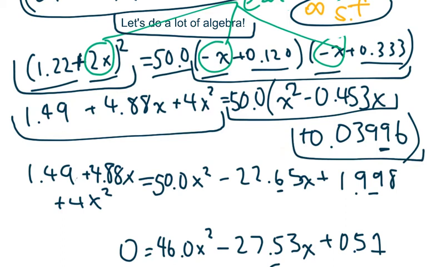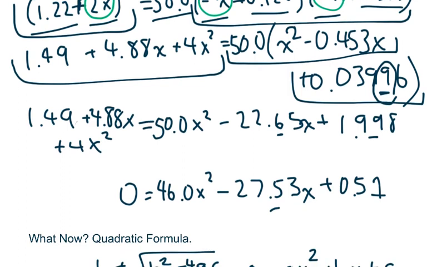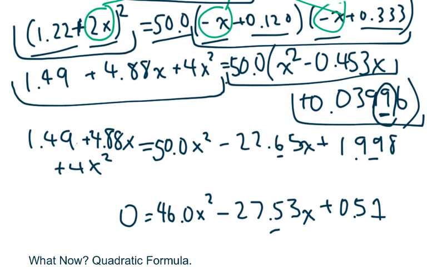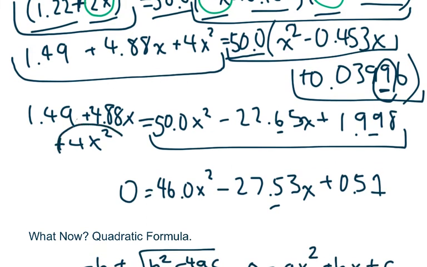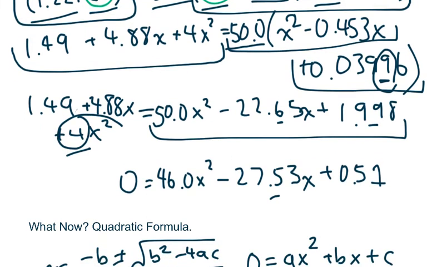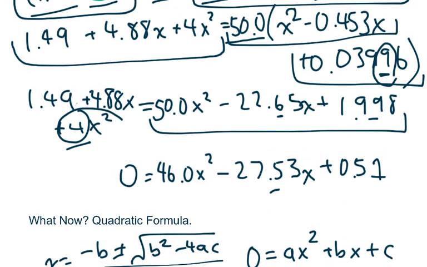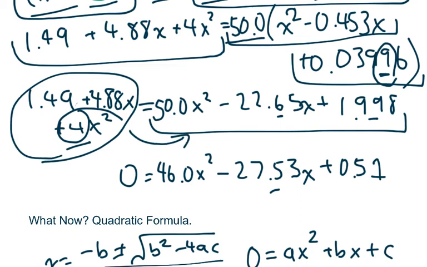And note that I underlined the 9 in order to keep track of sig figs, and in this case there are 3 sig figs in that number and not 4, but I kept the extra digit to be more precise, and to be more precise is better in many cases. Now I distributed the 50.0 and I got all this stuff, and remember the 4 right here is an exact number, so we don't worry about sig figs there. Now I moved all of the terms on this side to that side by doing some subtraction, and I get that 0 is equal to all this.